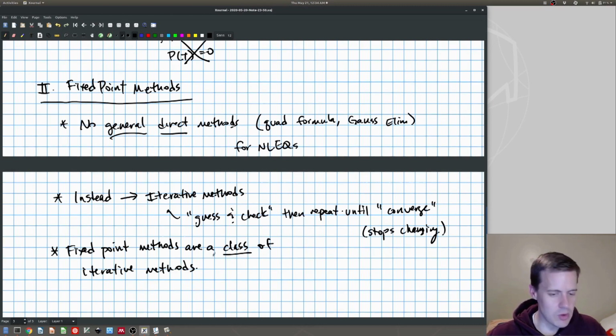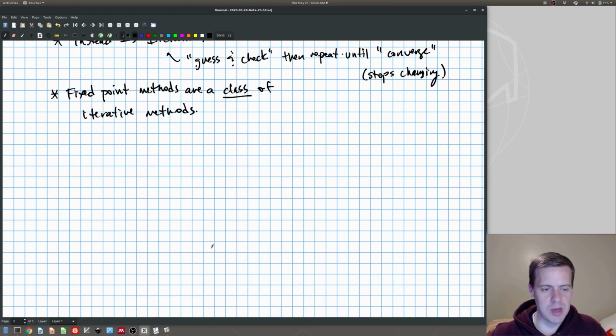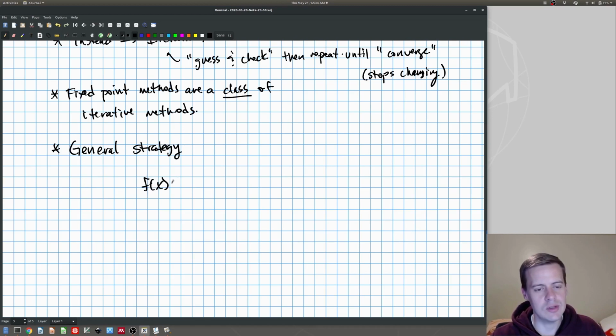This is the generic strategy. We're going to take f of x equals 0, and we're going to rewrite it in a new way. We're going to rewrite it as x equals g of x.